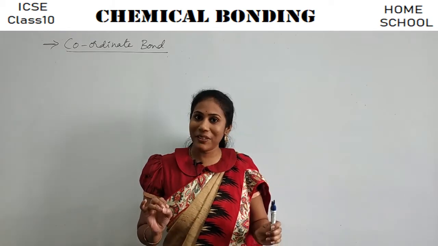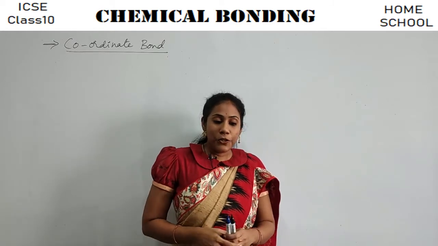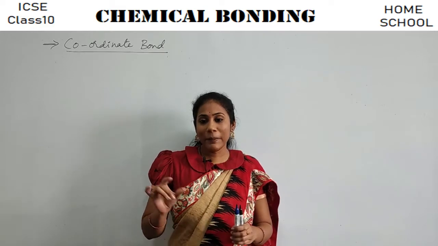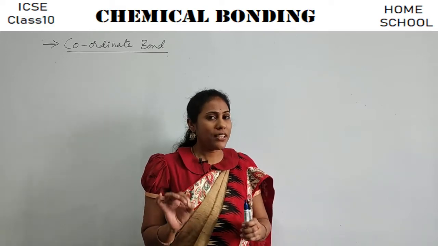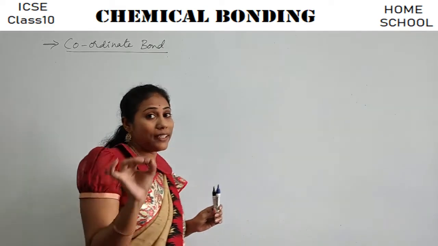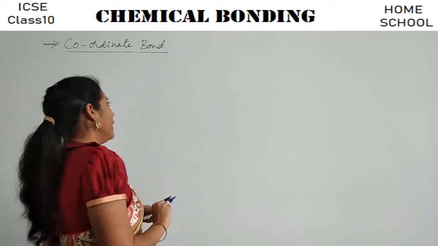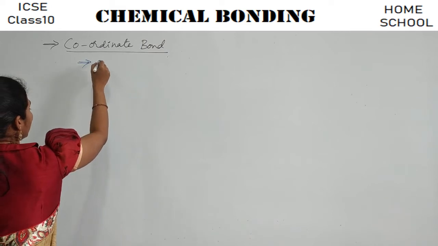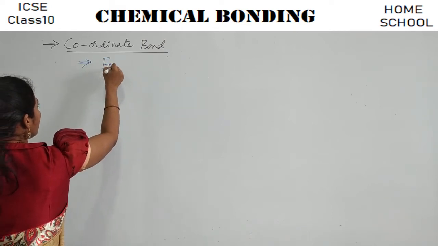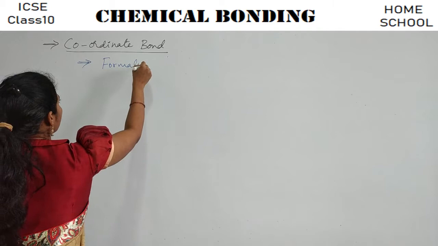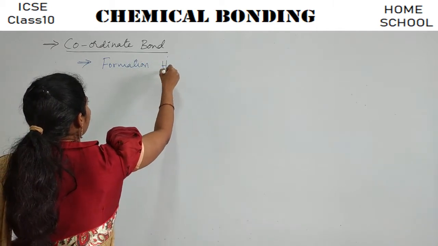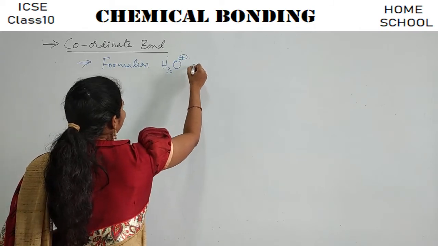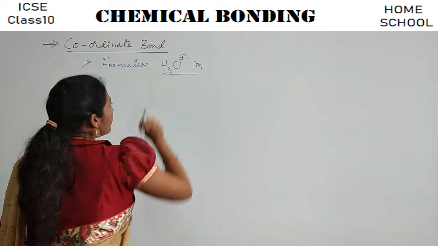Clear, everybody? Fine. So, before we start this coordinate bond, let me go with one example. First I'll start the concept with one example. The very first example I'm going to tell you is the formation of H3O plus ion.